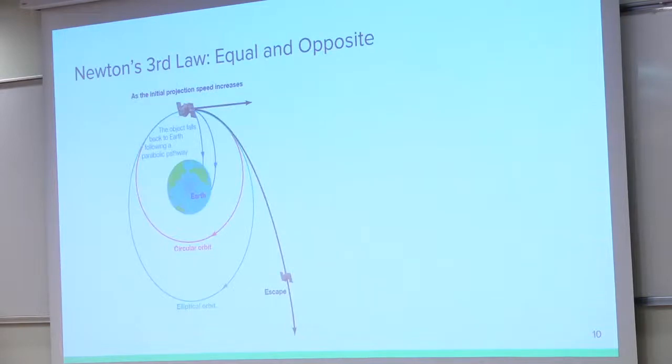And the third law is basically how rockets launch with exhaust. But then there are also decays of orbits, where if the initial velocity is too small, it will decay and fall back to Earth. If it's at one particular velocity, it will go circular. If it's larger but not escape velocity, it will be an elliptical orbit, and if it's escape velocity, it will just not orbit at all.